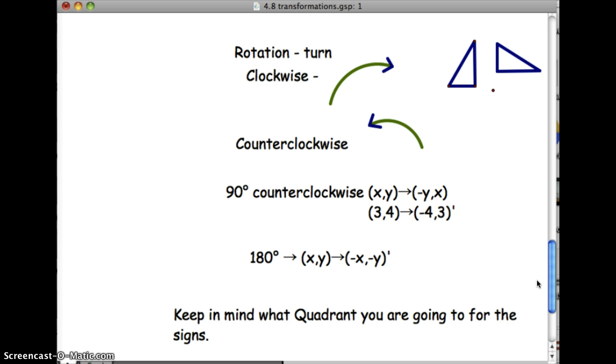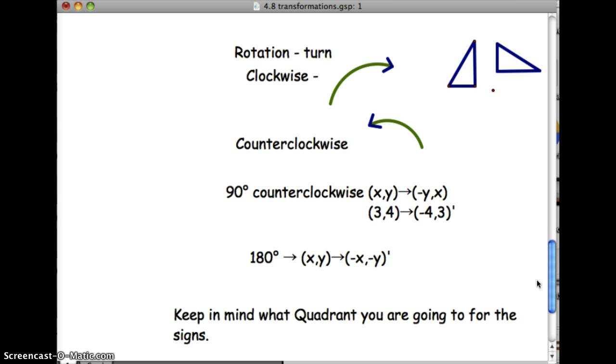And then, of course, with the 180-degree rotation, everything is what? Opposite, right? Because like I told the other class, if I'm standing here and I rotate 180 degrees, I'd be standing on my head. Okay, that'd be the opposite. On the bottom here, it says keep in mind what quadrant you're going to for the signs.